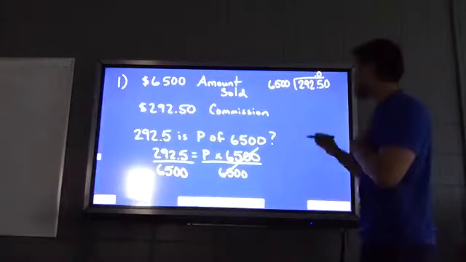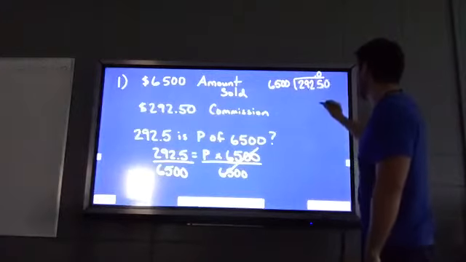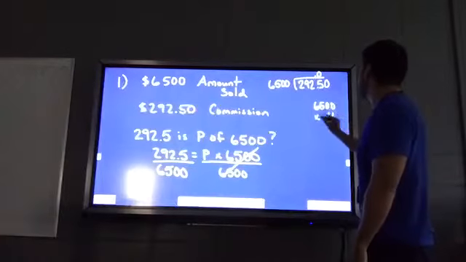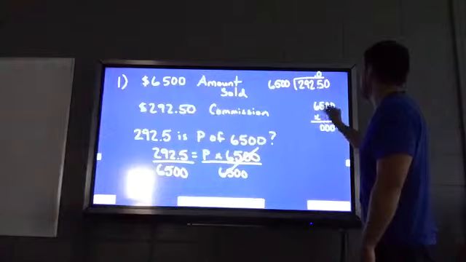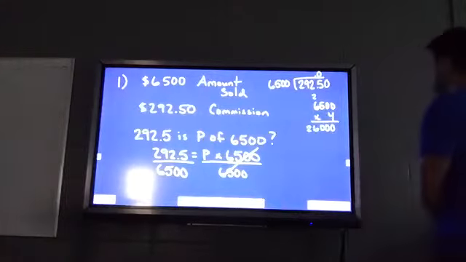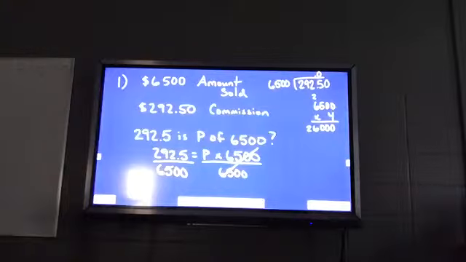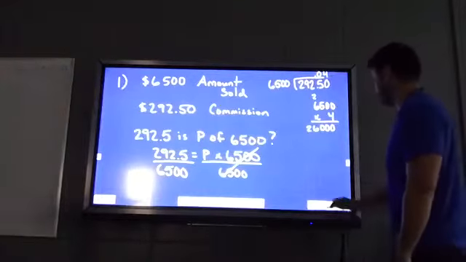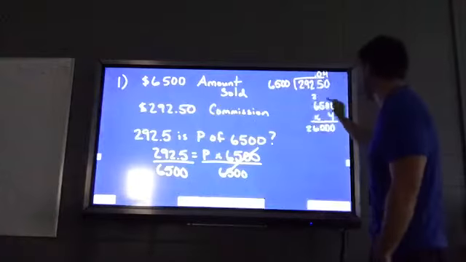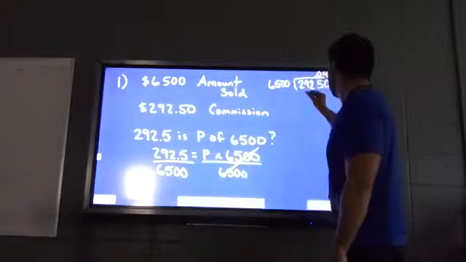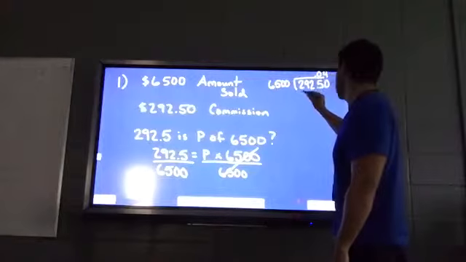So I'm guessing here that 6,500 goes into that 4 times. 6,500 times 4 gives me 26,000, so it is about 4 times. I'm going to erase my work here so I can keep going.